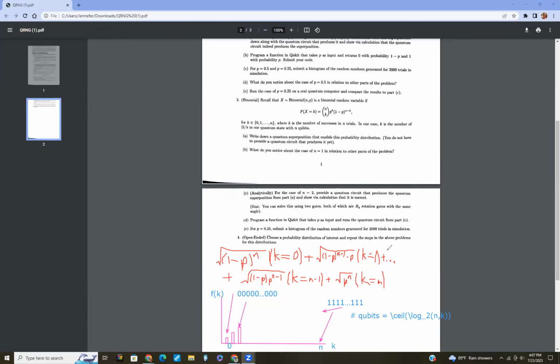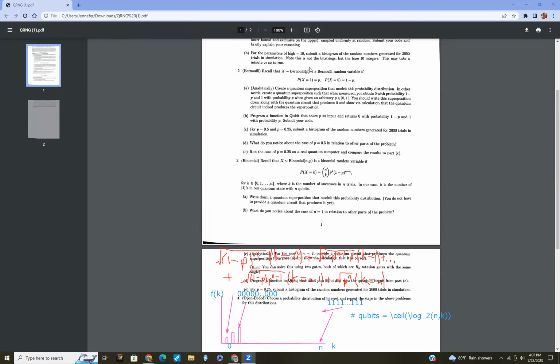In this case, I believe that you start with, if I scroll up real quickly, the Bernoulli state, which is merely a variation of the binomial state where n equals 1.